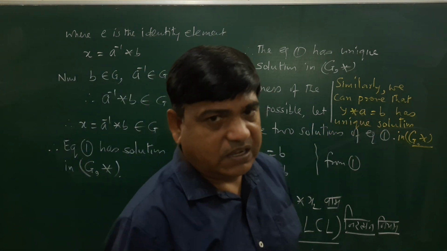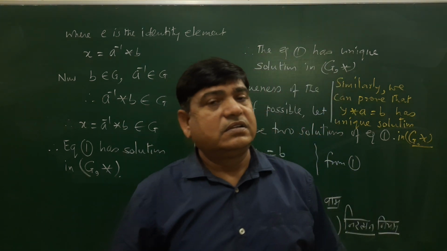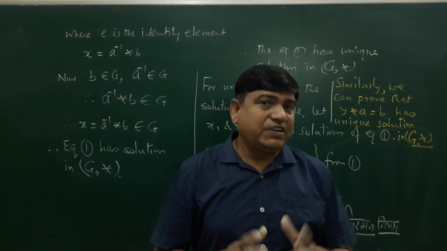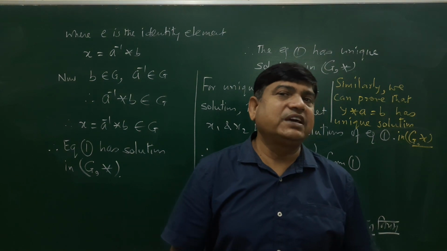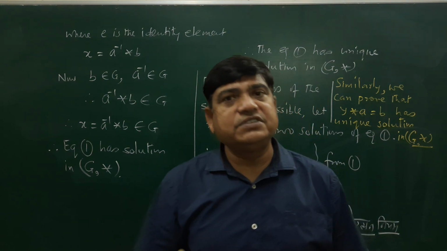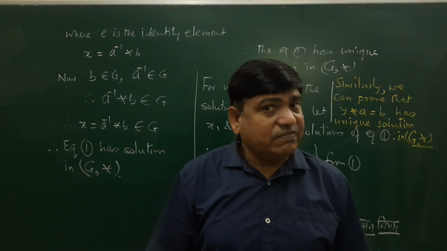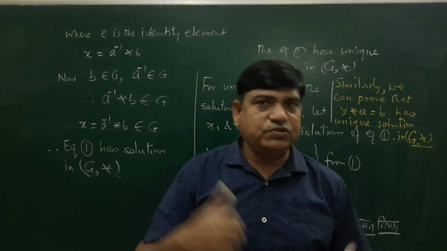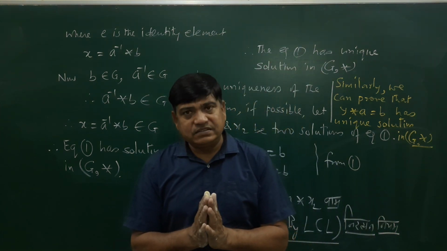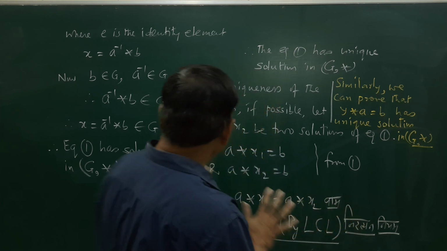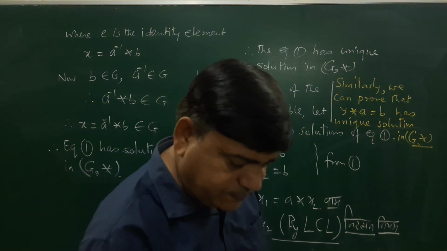So I hope you have understood. This theorem is also important. Let us revise. We have considered a linear equation and we have to prove the linear equation has a unique solution. So first you try to find the solution. Solution must exist. हल विद्यमान होना चाहिए उसी ग्रुप में जो ग्रुप दे रखा है, और वो जो हल है, that must be unique, अद्वितीय. So this is the way to prove the theorem. Let us continue one more.